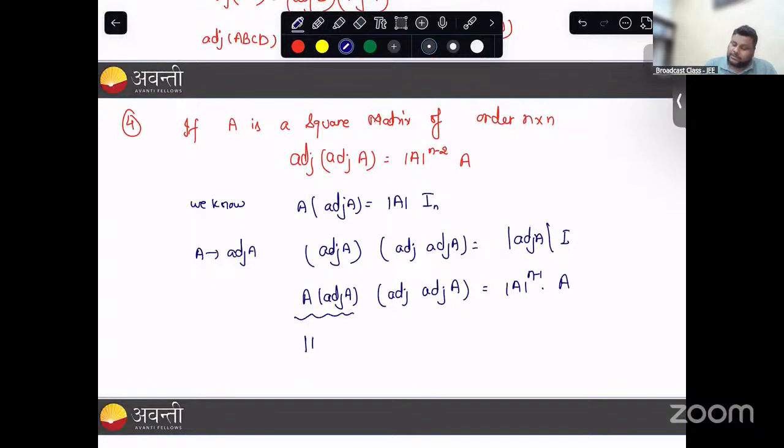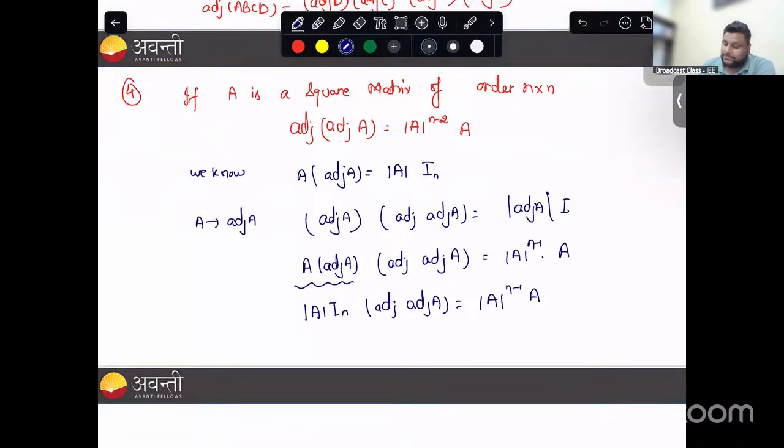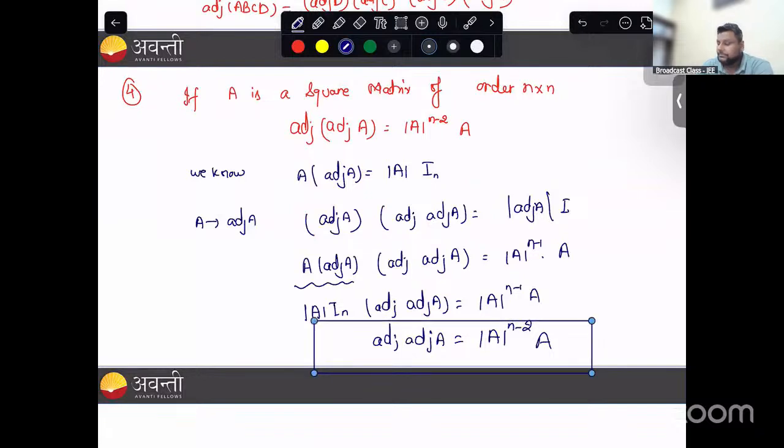This is determinant of A into In into adjoint of A. Now, divide by determinant A. So, what do you get? Adjoint of adjoint A is determinant of A to the power n minus 2 into A. Very, very important and good property. Correct? Is it okay, everybody?